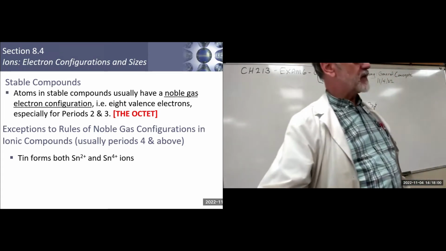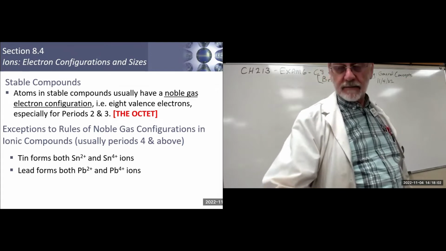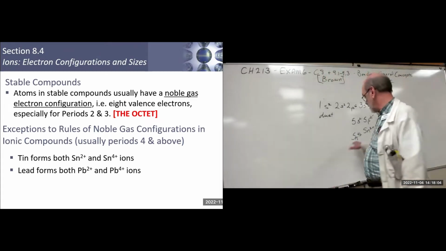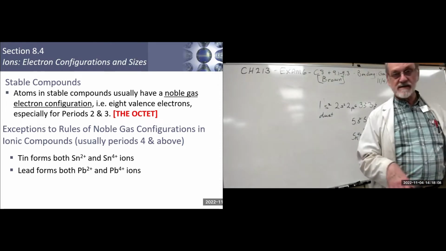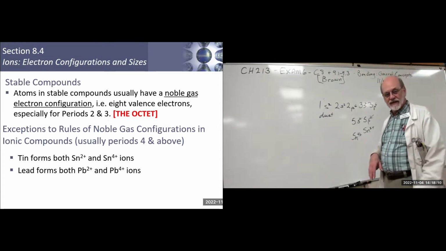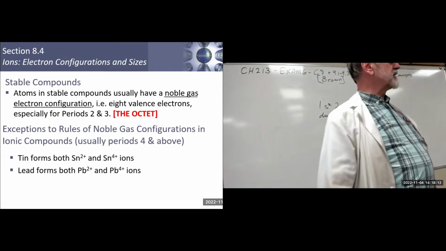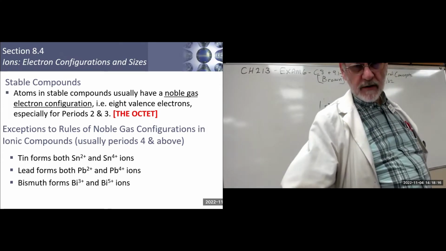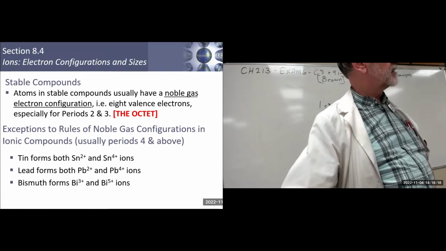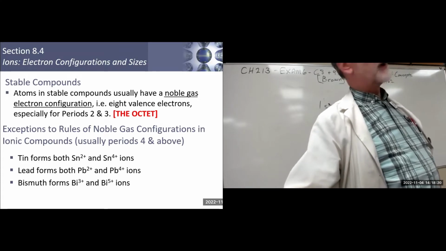We get the same thing with lead. But now instead of 5, it's 6s and 6p. Okay. What about, let's see, indium or tellurium? Are they going to use them? Bismuth? Bismuth. Okay.